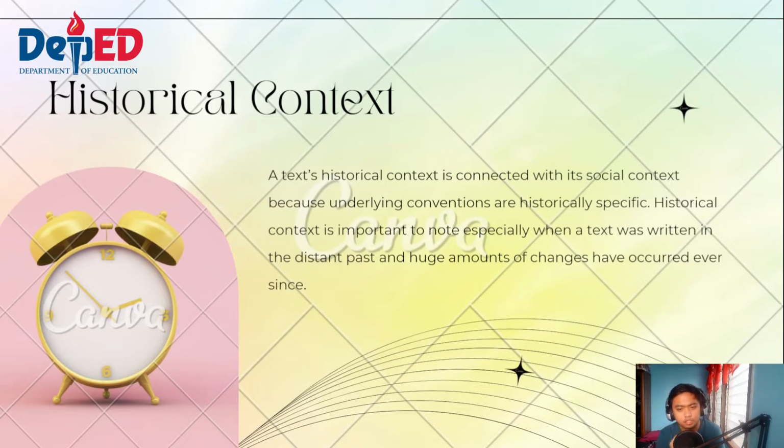There are changes that are happening through the progress of the period. So there would be a difference between what is socially acceptable during those times and during our time.